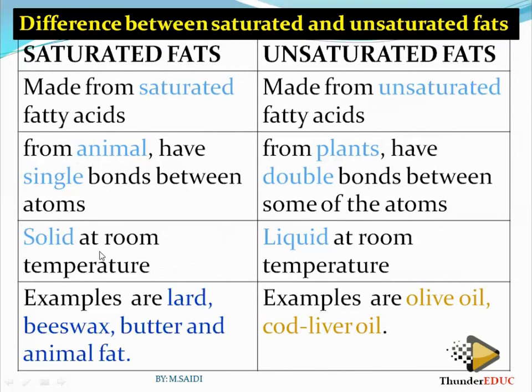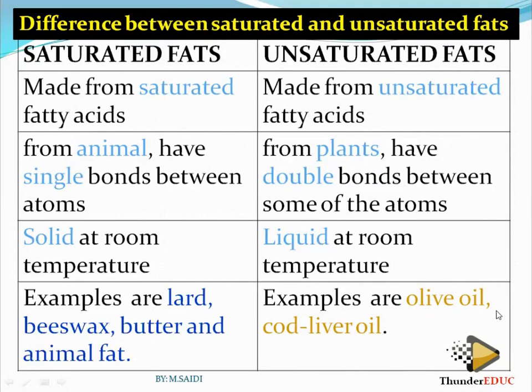If you look at the sheep, the fats which you find there, those are fats. And then these unsaturated ones are liquid at room temperature. The oils from plants are liquid at room temperature, as long as you have not heated them. Examples are beeswax and animal fats, which you have seen in daily life.